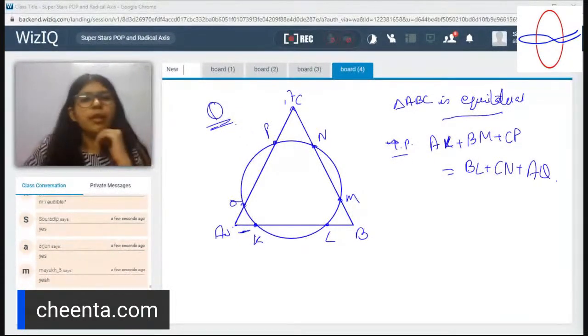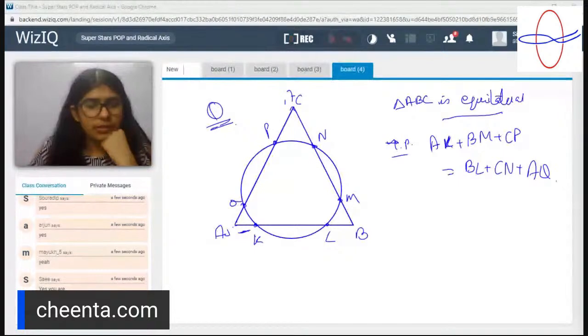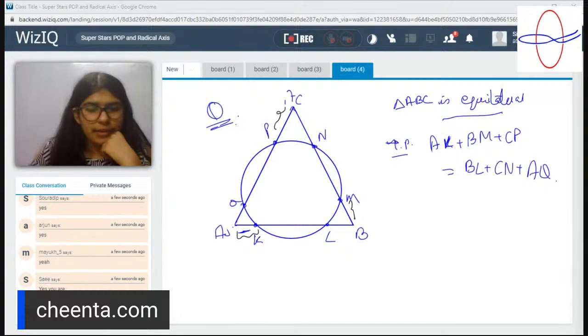Yeah, cool. So let me change the color. That is AK plus BM plus CP, and this is BL, CN, AQ.